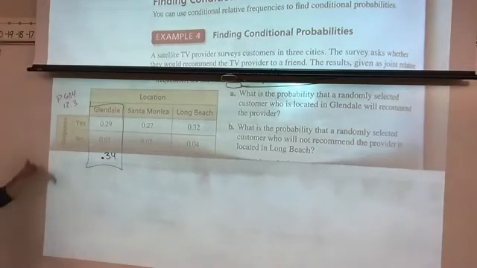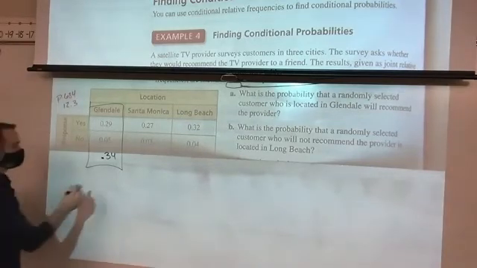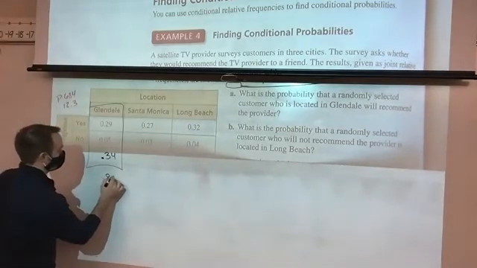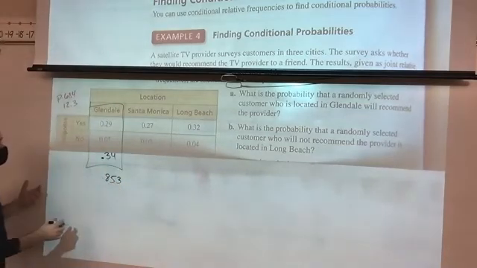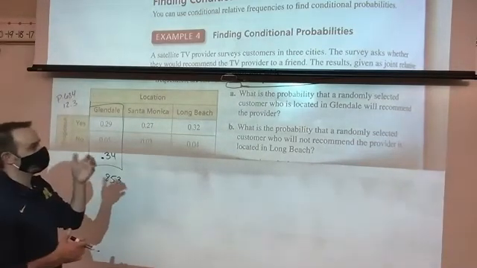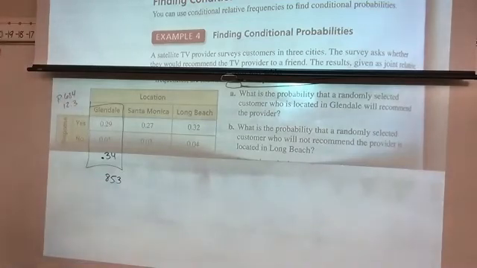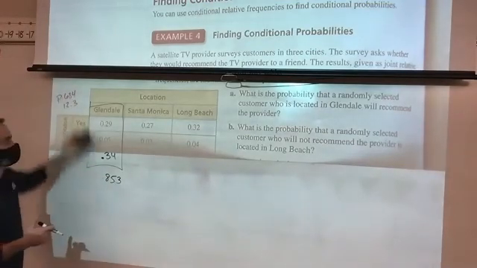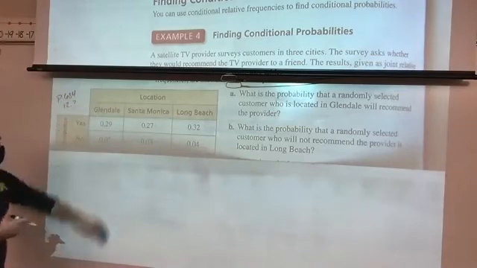What is 0.29 divided by 0.34? 0.853. So we'd be looking at 85.3% of people in Glendale would recommend it. And then B, what's the probability that a randomly selected customer who will not recommend the provider is located in Long Beach?